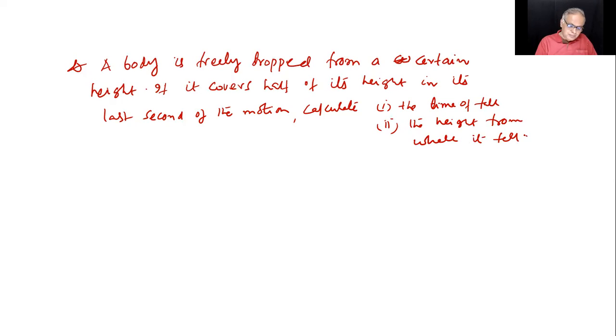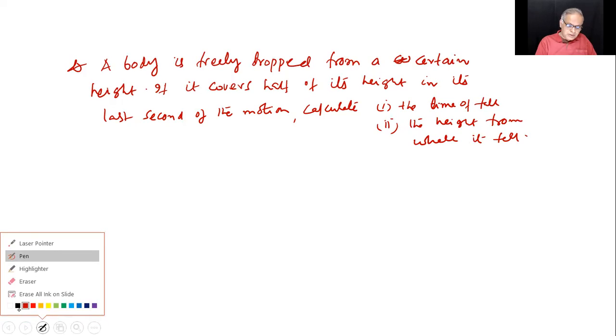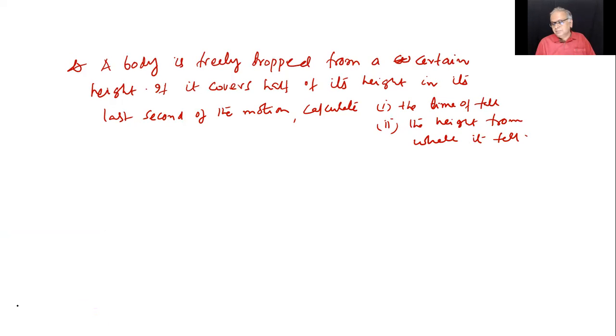Hope you people understood the question. We can use the same formula, h is equal to ut plus half at square. Tell me, how should I do that? Since they told half of its height in the last second, h by 2 equals half g (t minus 1) whole square. I'll put the figure.